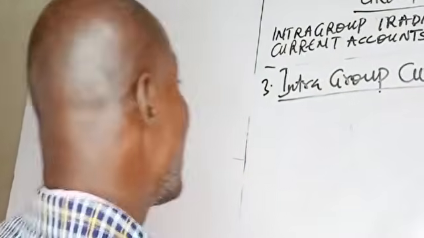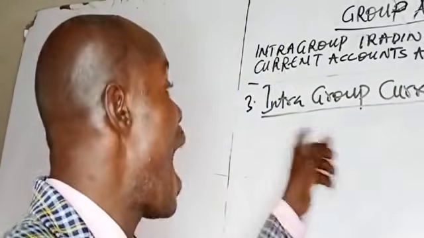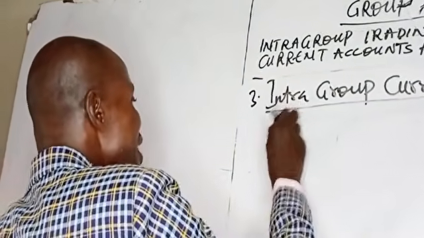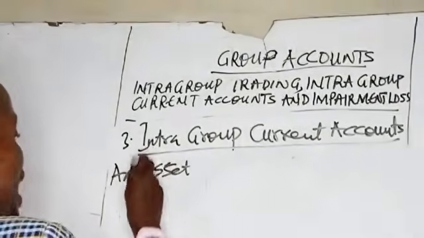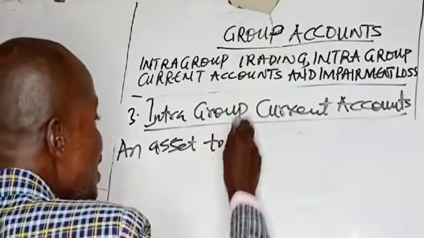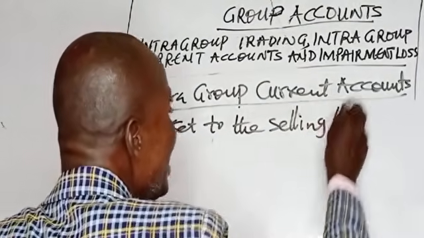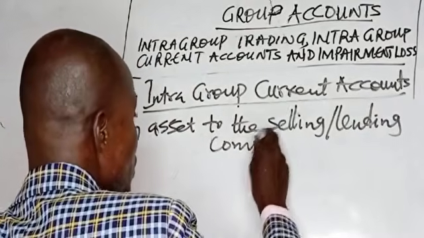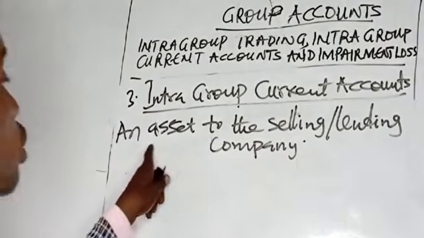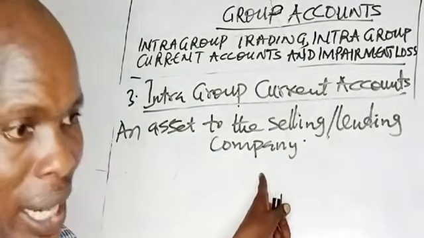I want you to know that an intergroup current account is usually an asset to the selling company or lending company.